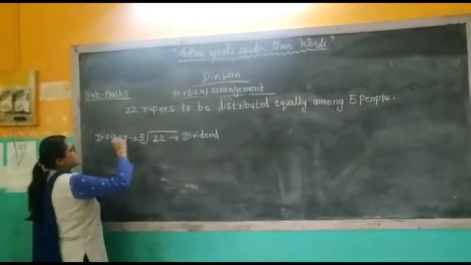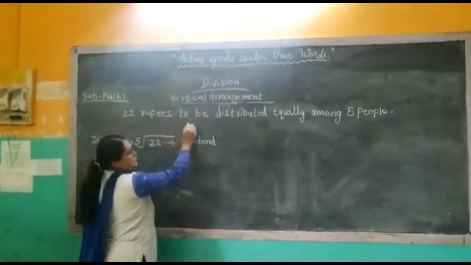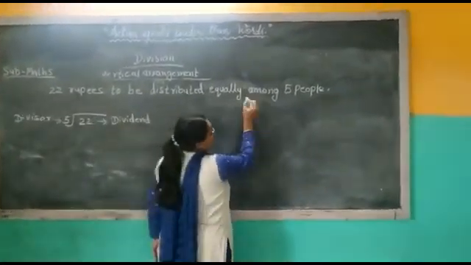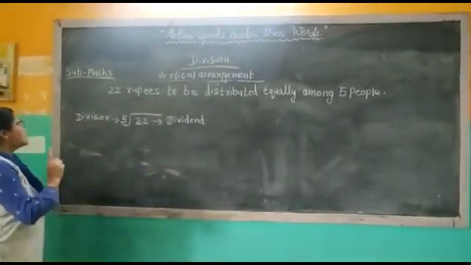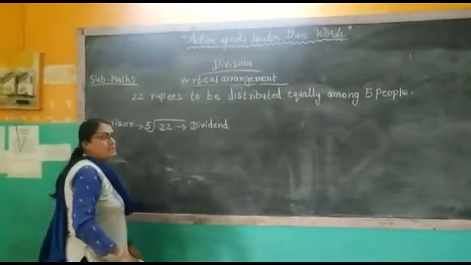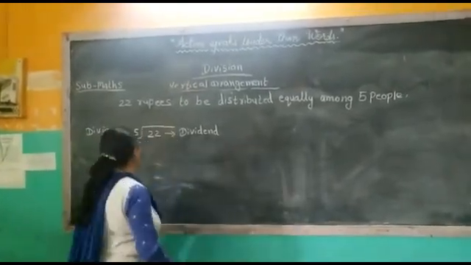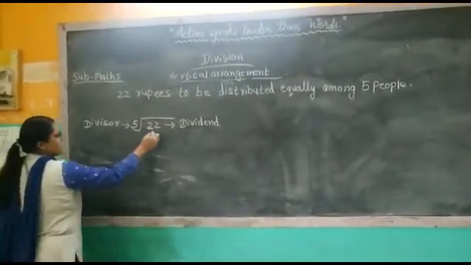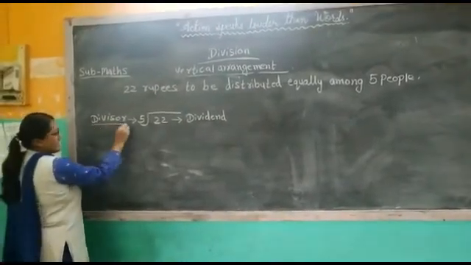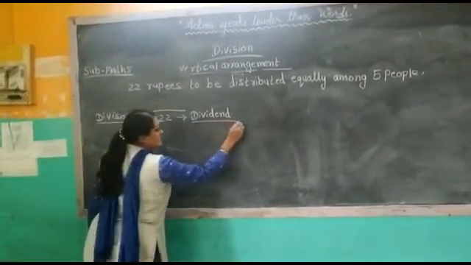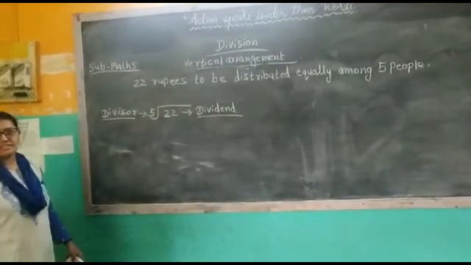Now next example, children. 22 rupees to be distributed equally among 5 people. Now we have to distribute 22 rupees among how many people? 5 people. Now see, 22 divided by 5. Now 5 is the divisor and 22 is the dividend. Now how will we divide this number?